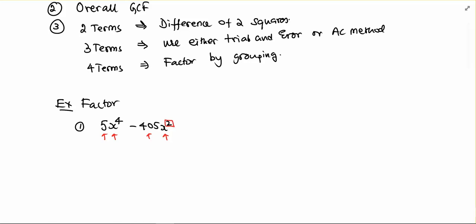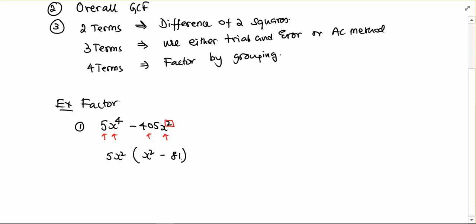So I can first take out the GCF, 5x squared, and that leaves me with x squared minus 405 divided by 5, which is 81.